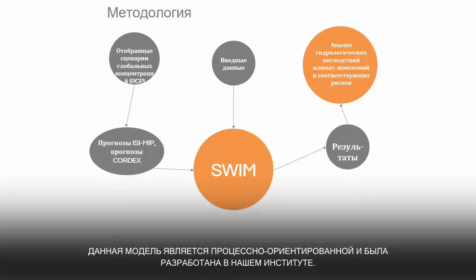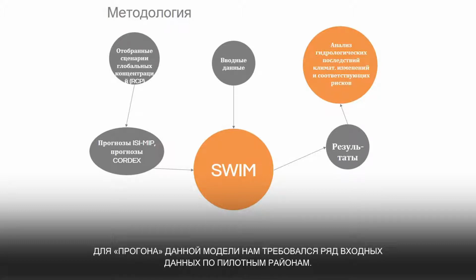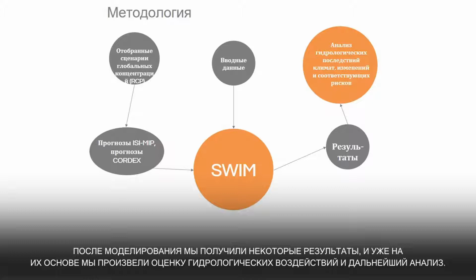It's a process-based model that was developed in our institute. To run this model, we need some input data from pilot areas. After the modeling, we got some results, and based on these results, we make an assessment of hydrological impacts and further assessment.